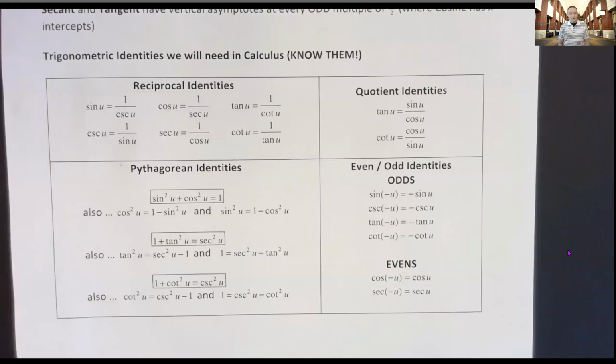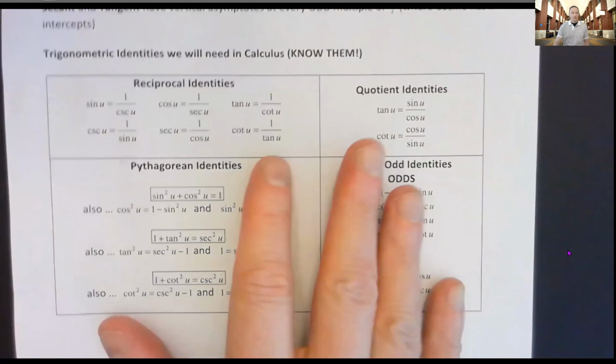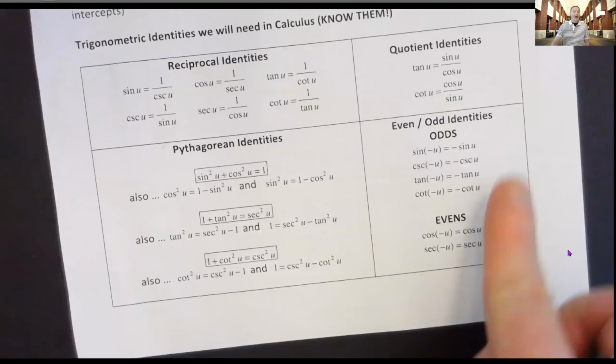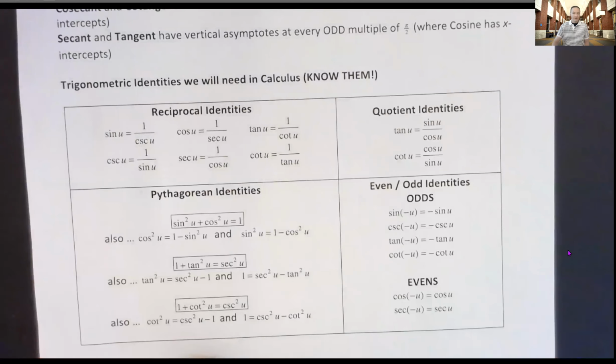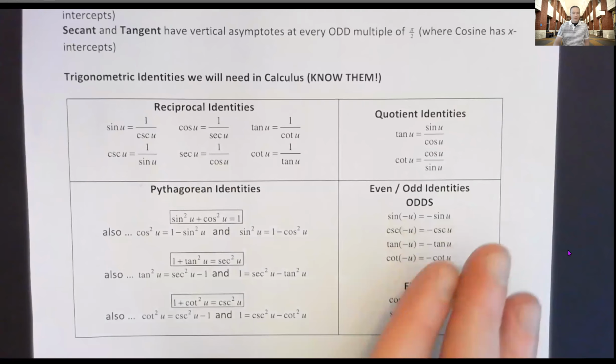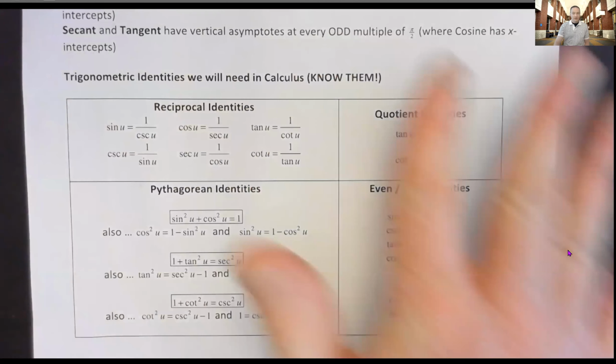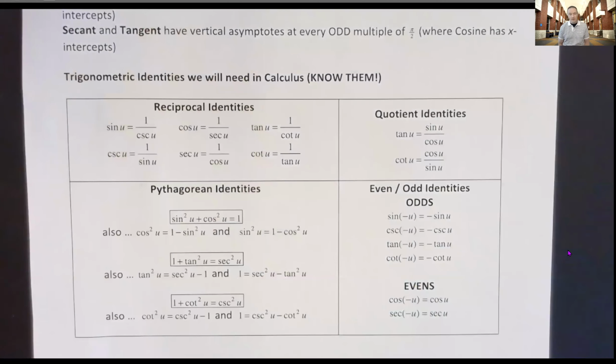The cosine of 2 theta is cosine squared theta minus sine squared theta. Is it great to know those two? Sure, but I'm not saying you have to. But I am saying you have to know everything on this chart.